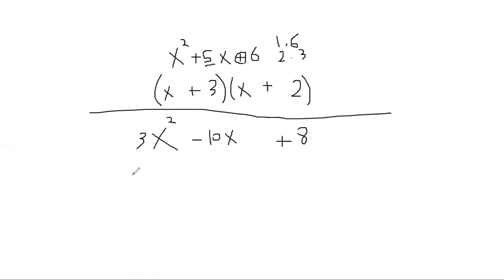So step number 1, multiply the coefficient of x squared, 3, by the third term, which is 8. When you multiply 3 by 8, it will be 24, okay? Now, like the previous lesson, write all factors of 24 as pairs, like 1 times 24, okay?